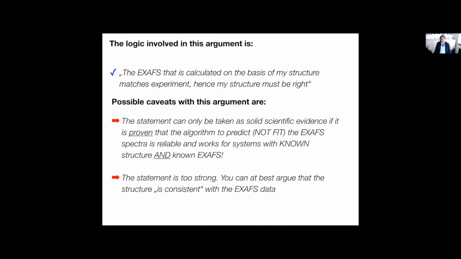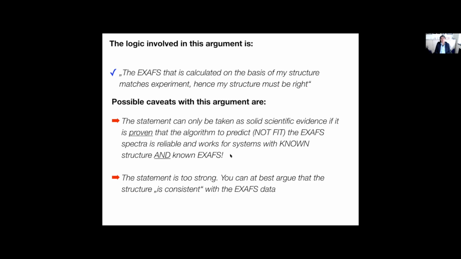And the first is simple, and that is the second here, that this statement is just too strong. You can never say, because your calculated spectrum agrees, that it is the right structure. You can only say that the structure is consistent with the observation. However, the argument, and that is the point that I want to make here, is only solid if you prove that the algorithm that generates the simulated spectrum, not the fit, right, is reliable.